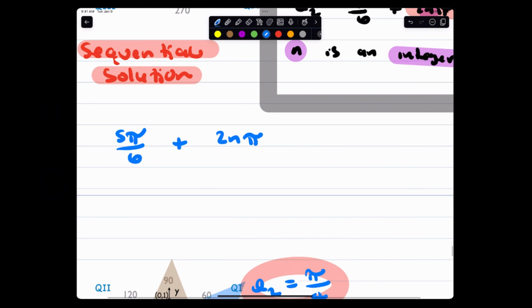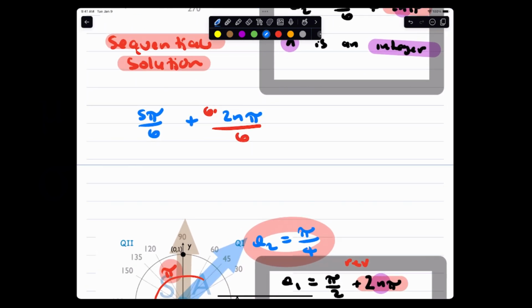So you said, what do I do? Well, here's what you do. Multiply the top by 6, and divide by 6 down the bottom. You now get 5 pi over 6 plus, what's 6 times 2n pi? Isn't that 12n pi, and that's over 6.